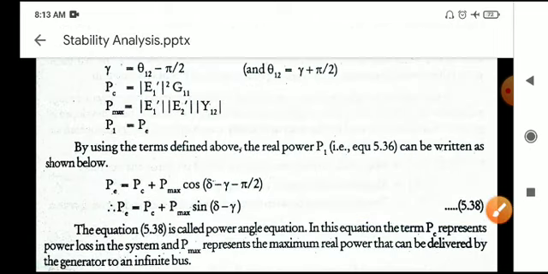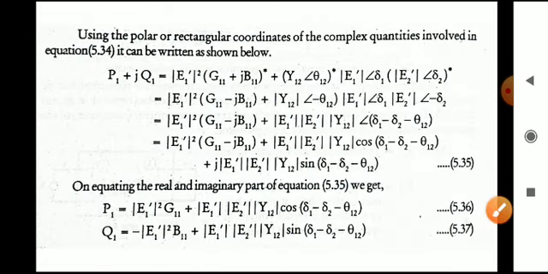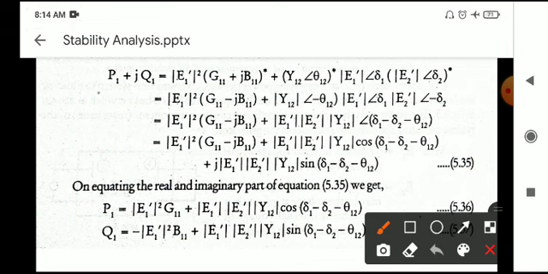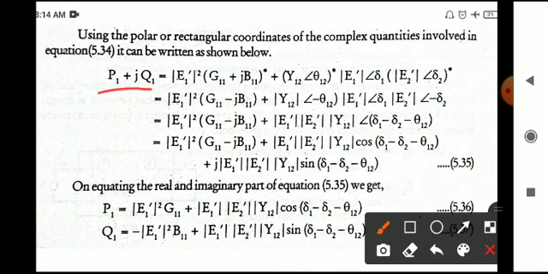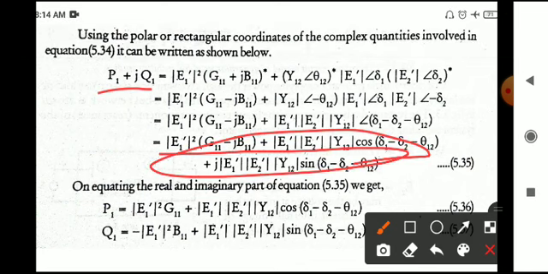Likewise, here we are writing the equations. In the next step, we are simply comparing the real and imaginary parts of equation 5.35. By comparing the real terms, on the left hand side we have P1 plus jQ1, and on the right hand side we have this entire equation.